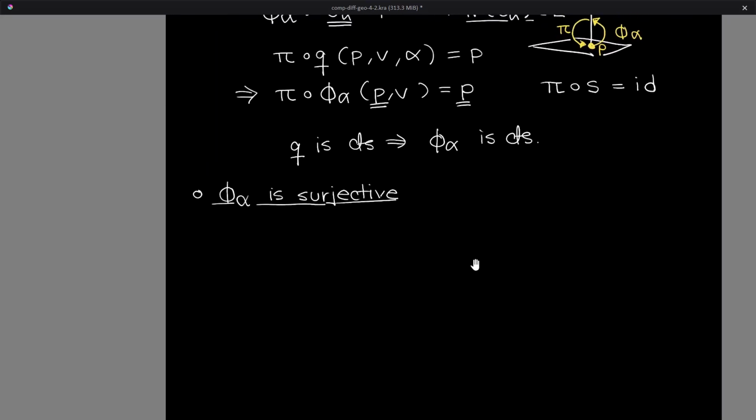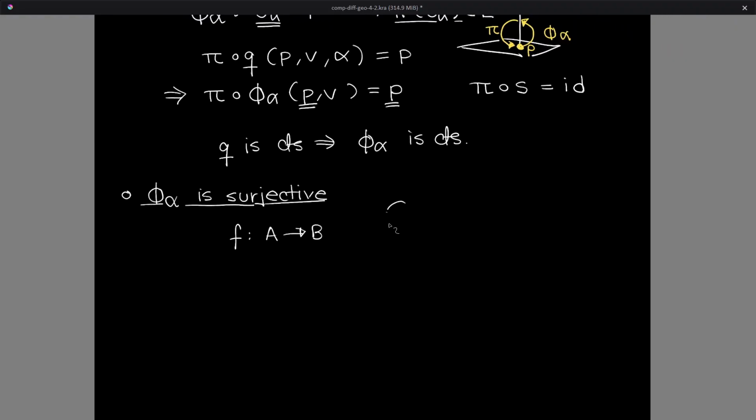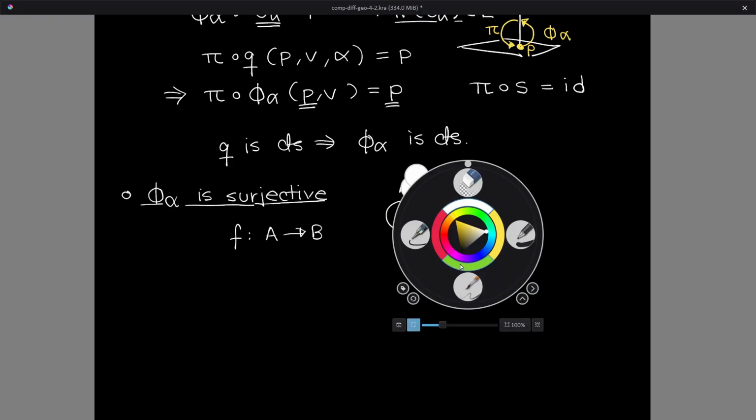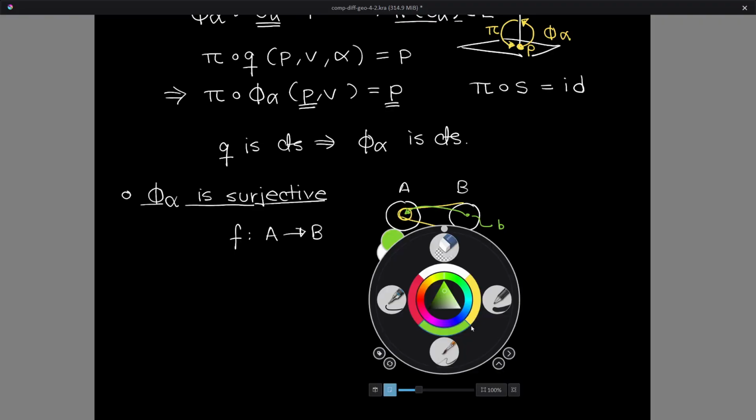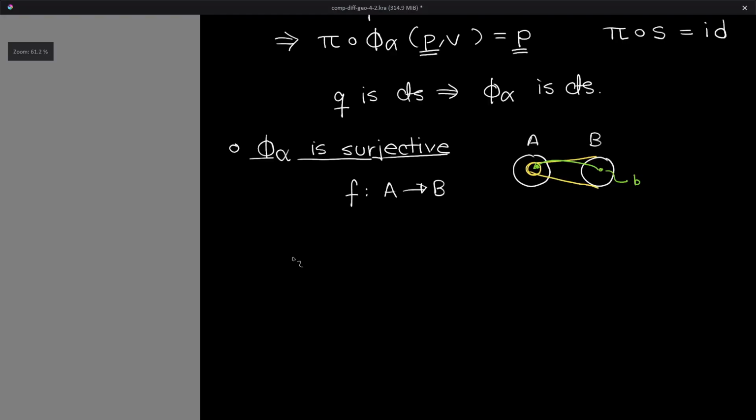The way we do that is, let's say that we have a function f from A to B. We can visualize this as this being the set A, this being the set B. A surjective function, this is just revision, will map to the whole of B, right? But that means that if we have any point B here, we should be able to find a point A there. That's going to be our test for surjectivity.